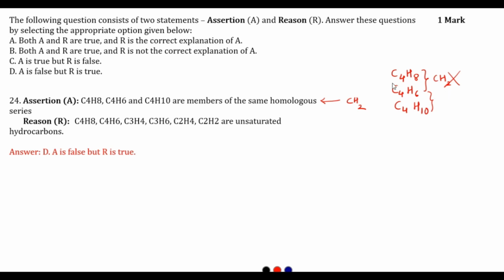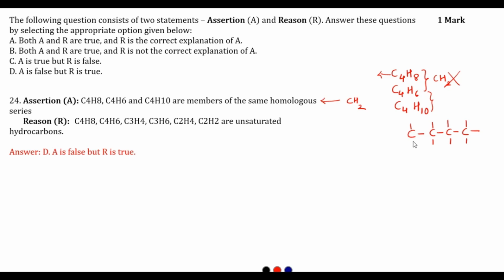If I want to tell you in detail, C4H8, it is nothing but what? You can see here, I will take 4 carbons and then I have to adjust 8 hydrogen. So 1 here, 1 here, 1 here, 1 here, then 1, 2, 3, 4, 5, 6, 7 and this is 8. So all 8 hydrogen have finished.